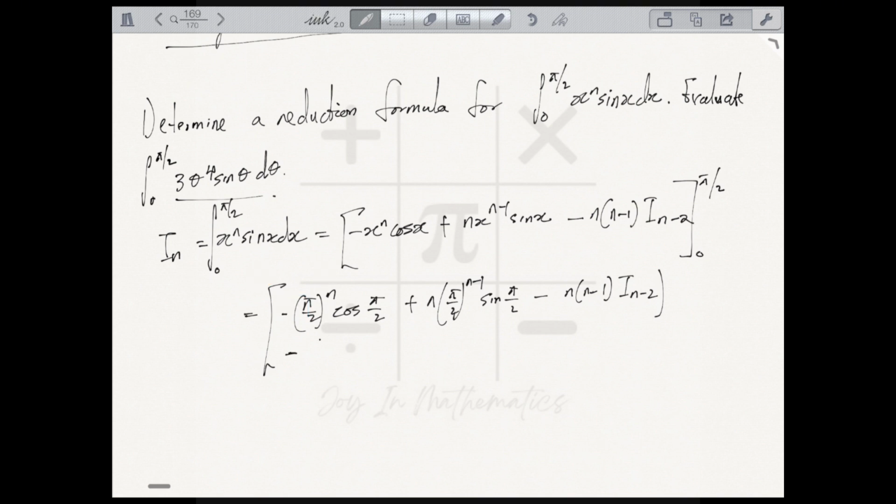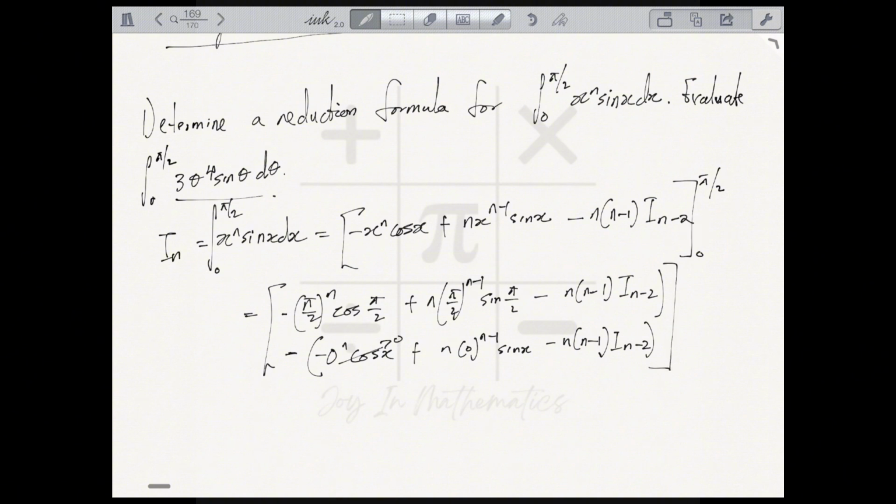Then we'll have again minus, then we apply our 0. Wherever we see x, we put 0. That's 0 raised to power n cos x plus n into 0 raised to power n minus 1 sine x minus n into n minus 1 of I n minus 2.